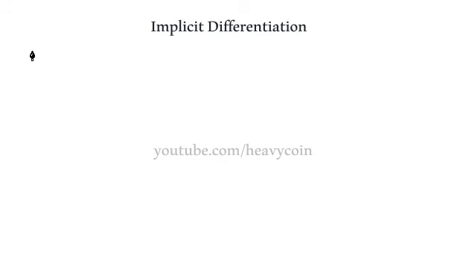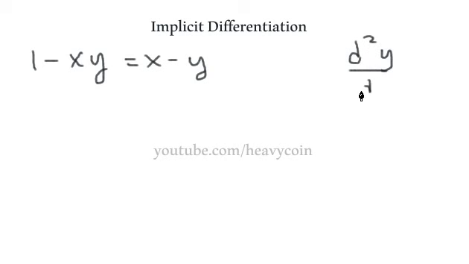Okay, so we have 1 minus xy is equal to x minus y, and this time we want to find d2y over dx2. And that means first we've got to find dy over dx.